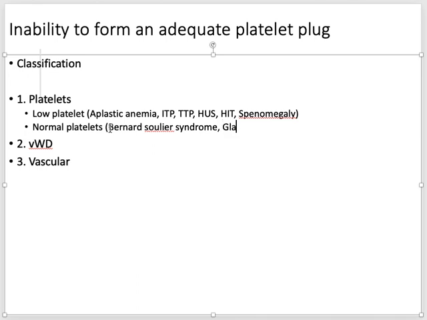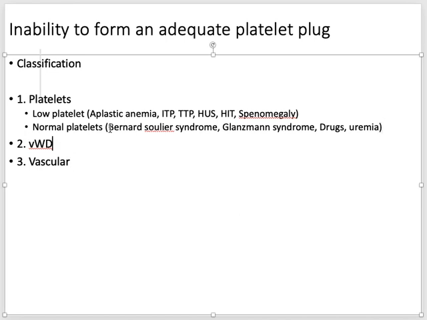The other one is Glanzmann syndrome, in which glycoprotein 2b3a is deficient, so the platelets cannot attach with each other. There can be many acquired causes, like drugs such as aspirin, and uremia, in which the platelets do not function normally. There are other causes as well.